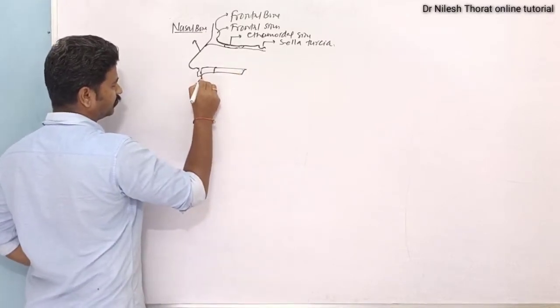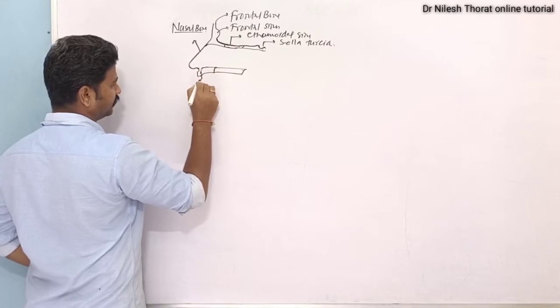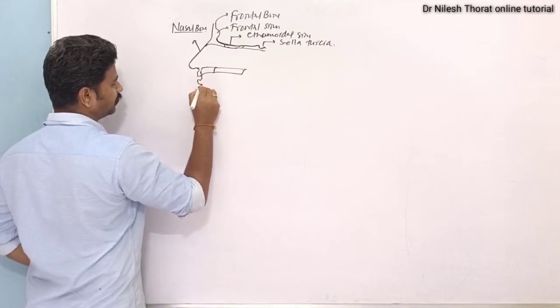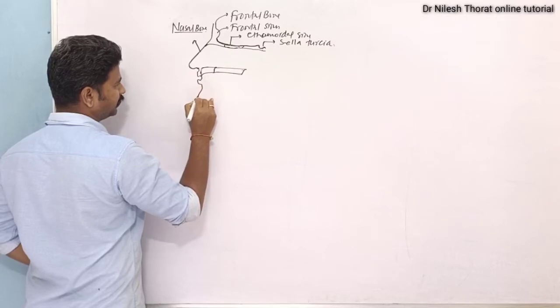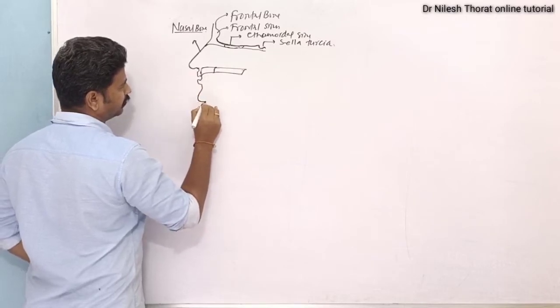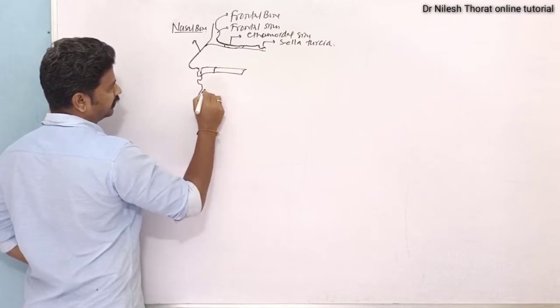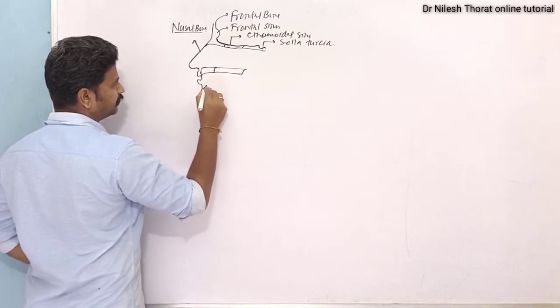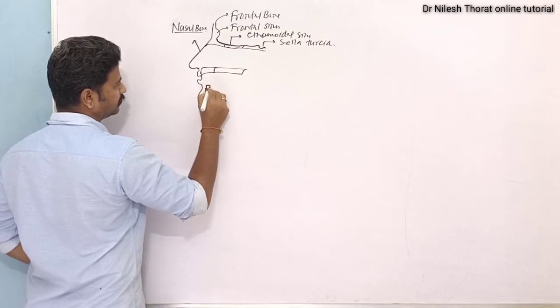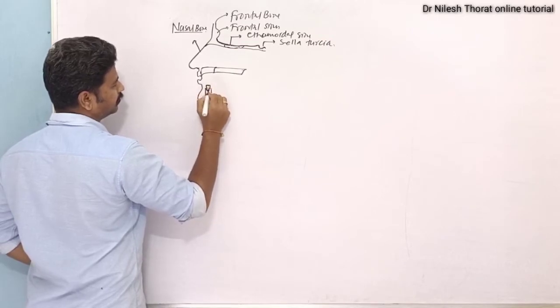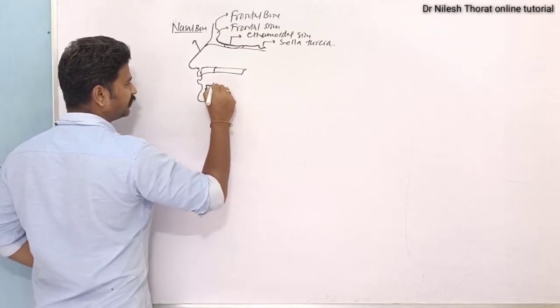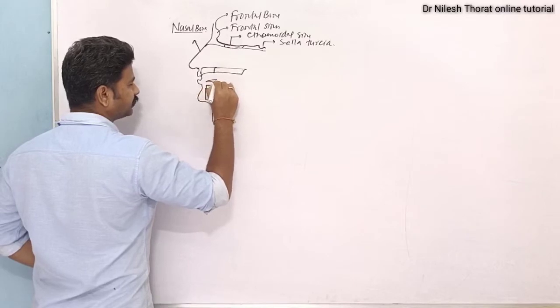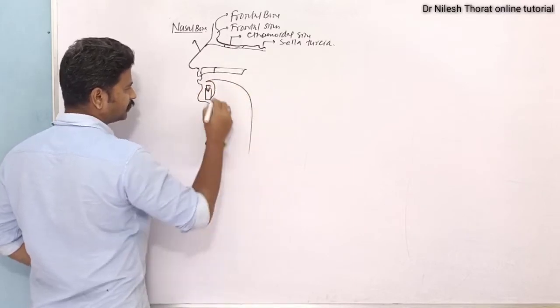Then we are having the opening called as mouth, and then we are having our lower lip. This lower lip will end up into chin, and here we are having the mandible which will have the teeth, and to this mandible there will be attachment of the tongue.